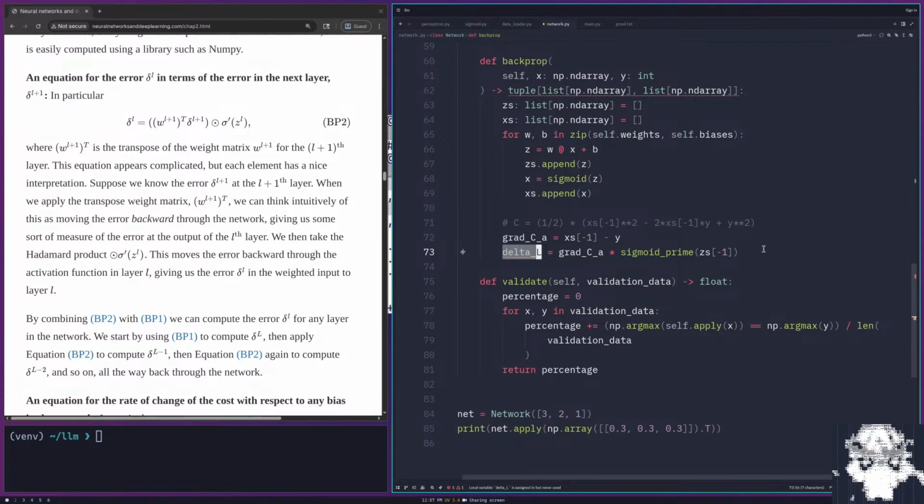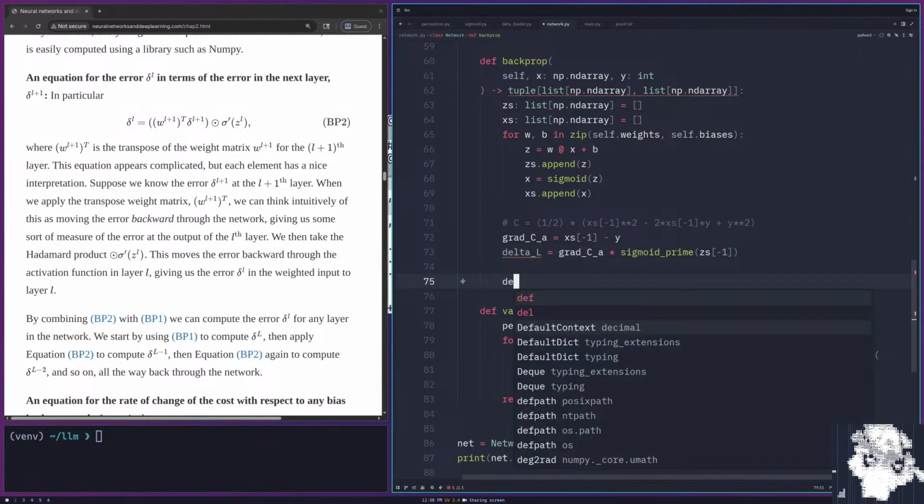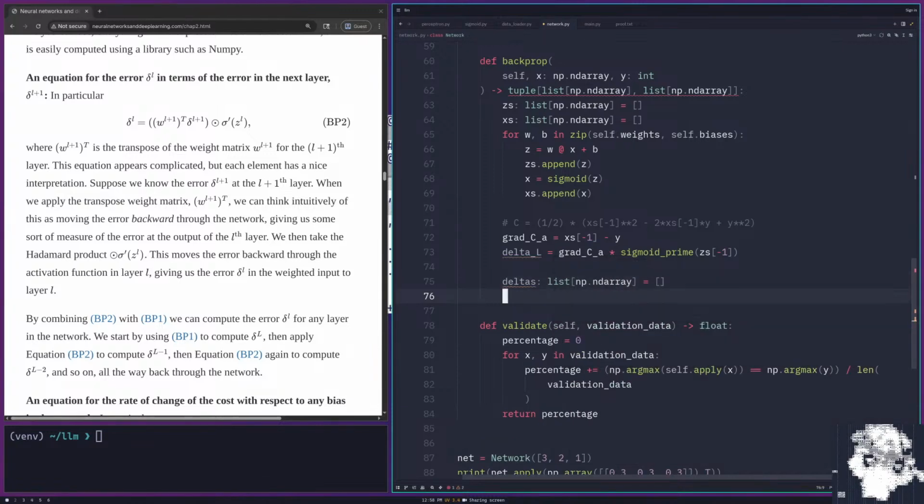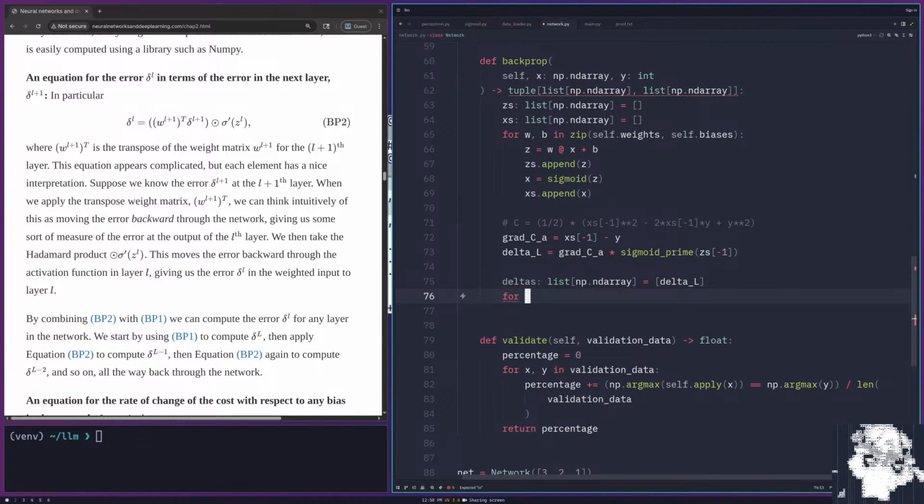So this is the final delta L. Yeah, so that's the final delta L, and then let's make deltas be a list of ND arrays, and it can start with this delta L. Then we'll insert to the front of it repeatedly.